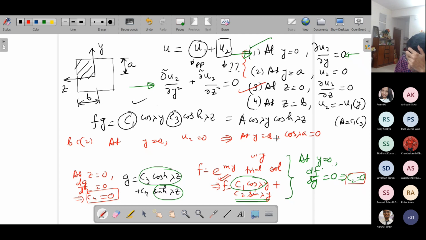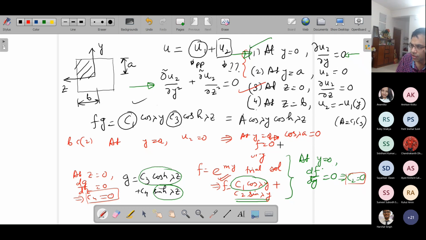So at y equal to a, your f equal to 0, that is cos lambda a equal to 0. Okay, so cos lambda a equal to 0 will give you a collection or a series of values of lambda which will satisfy this.